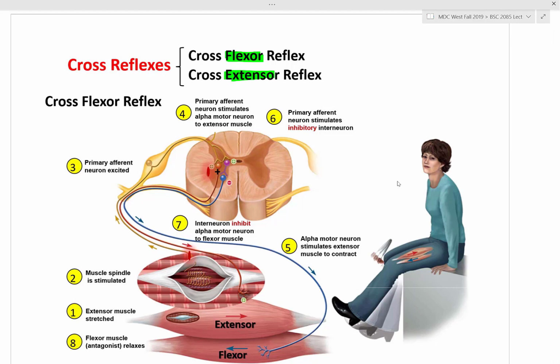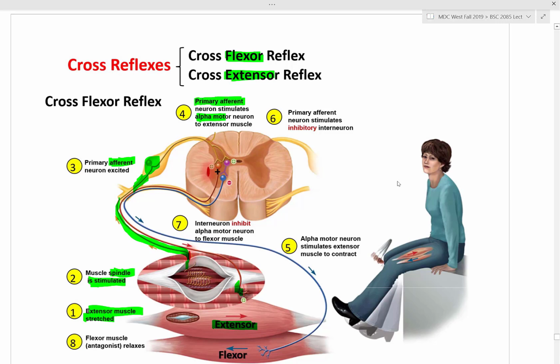This extensor will send a sensory signal because it stimulates the muscle spindle, and now that sensory information moves up into your dorsal root and dorsal root ganglion on the afferent fibers, ascending fibers, to your primary efferent alpha motor neurons on the gray matter of the spinal cord segment.